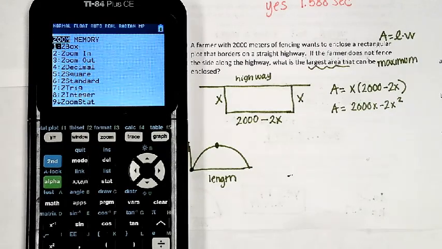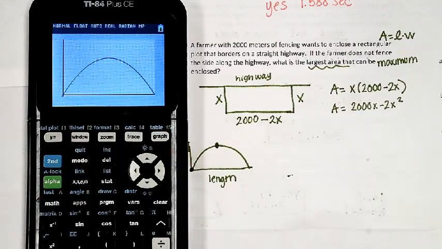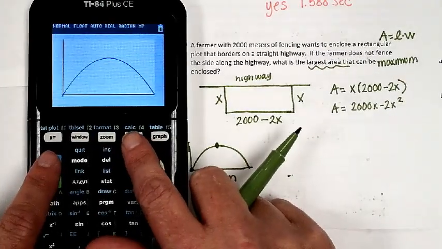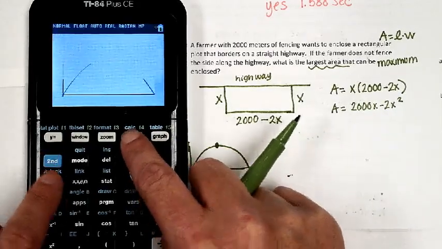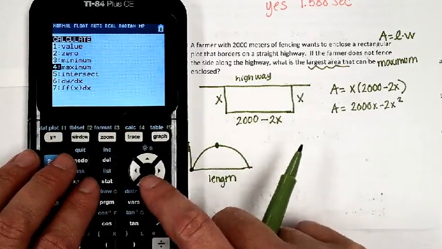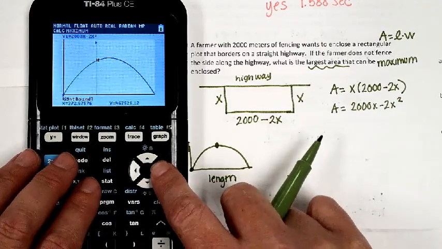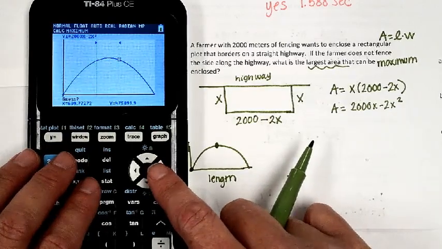So going back to the graph, now we want that maximum vertex, so second trace, the max. So go to the left of the cursor, or to the vertex, I mean right. And if you look here, we want that Y value of the vertex.